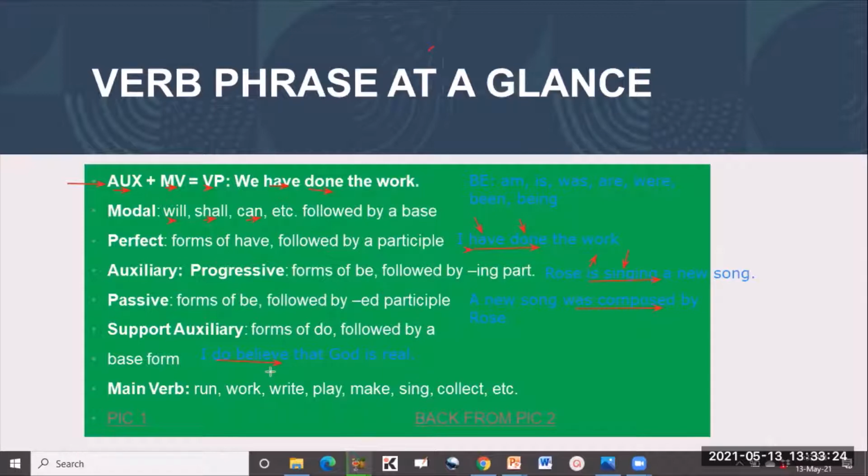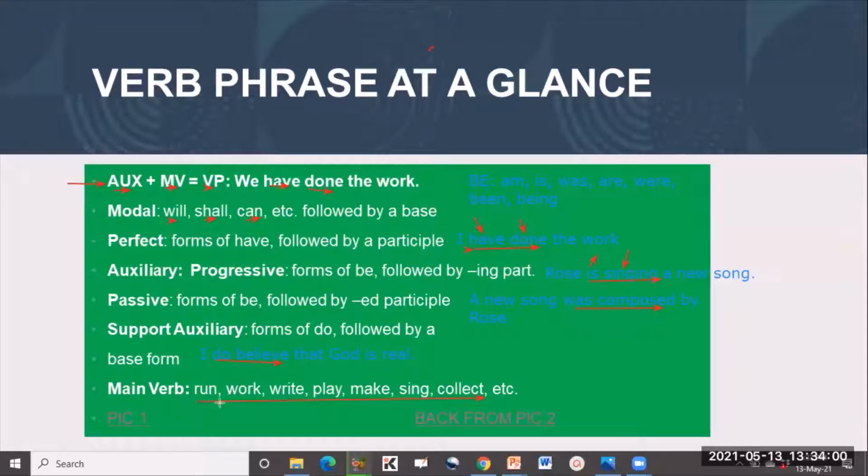I do believe that God is real. So there are various ways of using the support auxiliary, and that is various forms of do. All right? You can say Rose does believe, or Rose does visit grandma every weekend. She does visit grandma every weekend. All right, so here we can see the various main verbs.